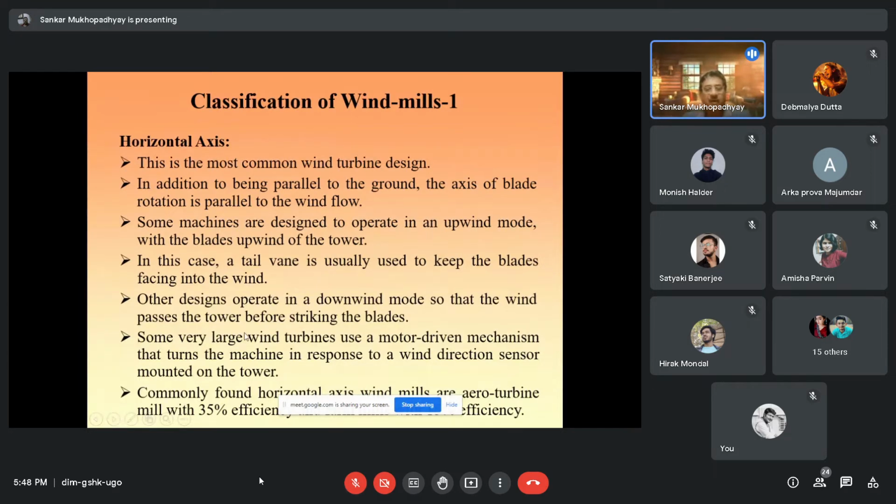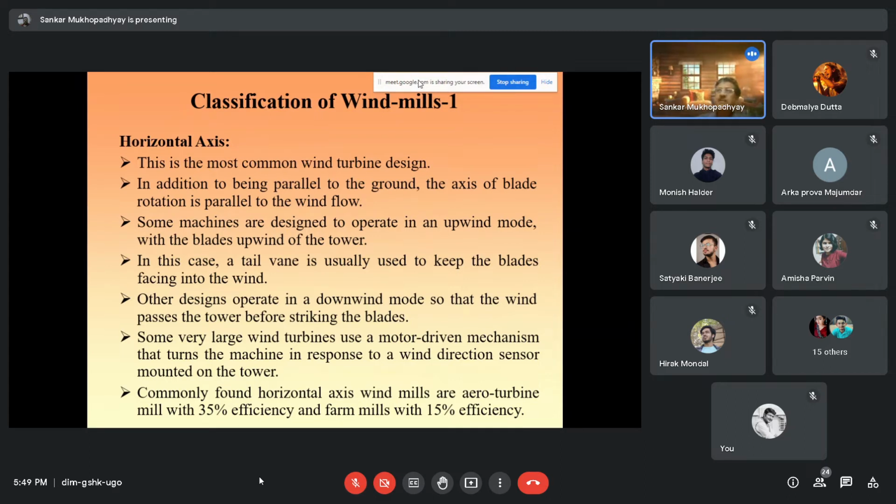Commonly found horizontal axis wind turbine windmills are aeroturbine mills with 35% efficiency and farm mills with 15% efficiency. That means the horizontal axis windmills are aeroturbine mills.